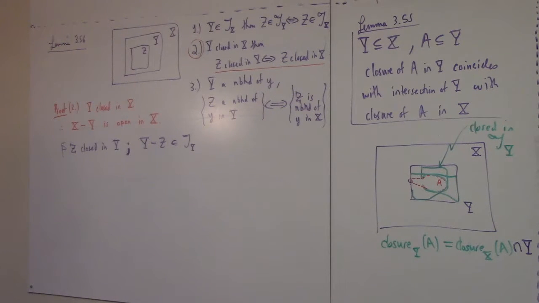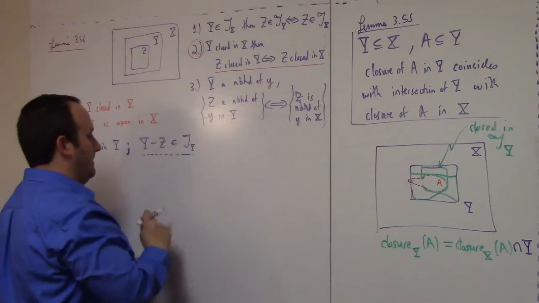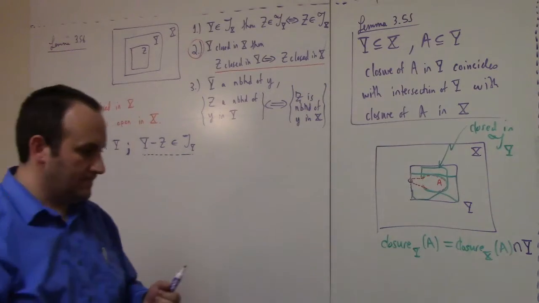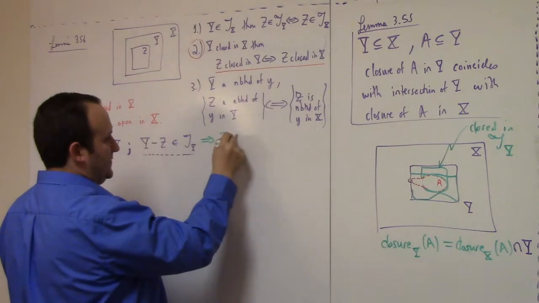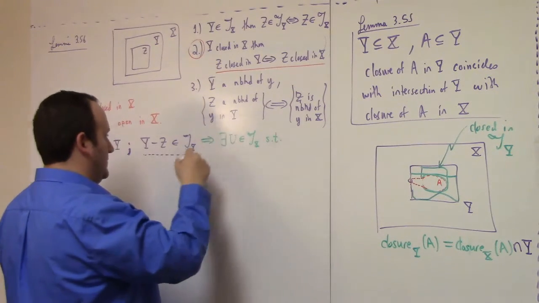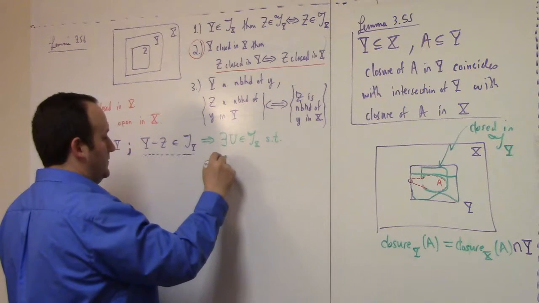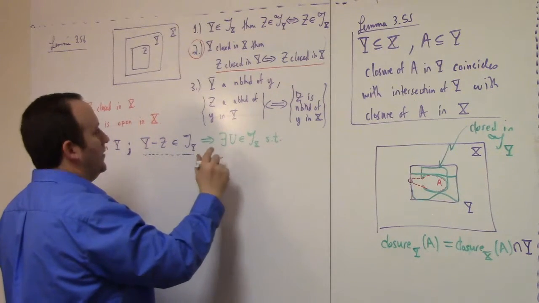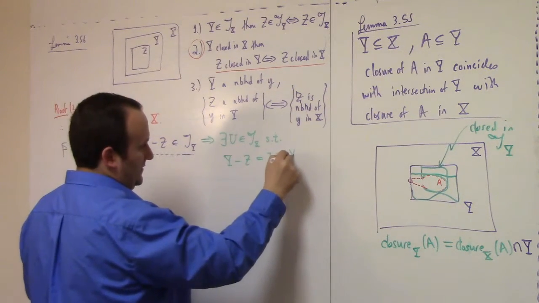So we're trying to argue that Z is also closed in X. So Y minus Z is the intersection of an open set of X and Y. So there has to exist some U in the topology of X such that Y minus Z is equal to U intersect Y.